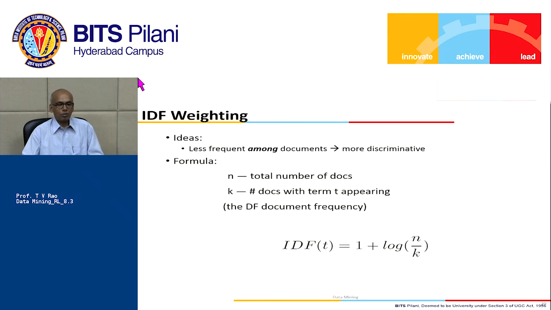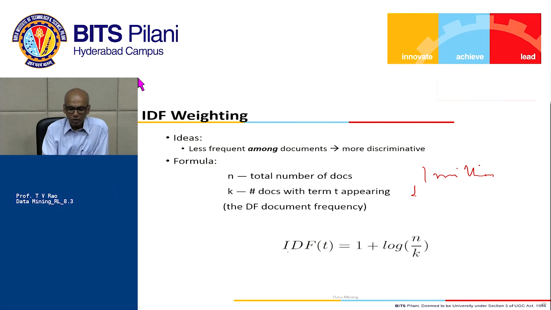And the other approach we can use is the inverse document frequency. So we are looking at a rare word which is being used. Let's say our universe consists of 1 million documents, and there is only one document containing a very specific term, for example a remote village name.